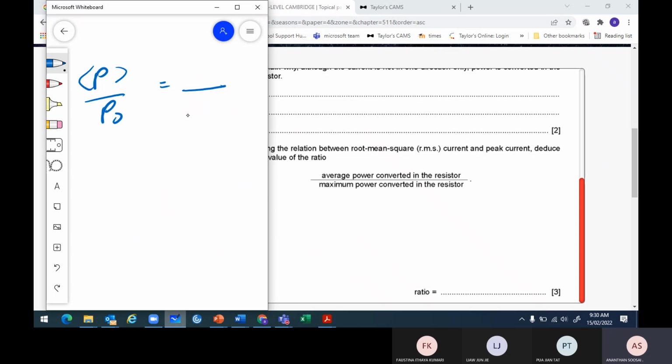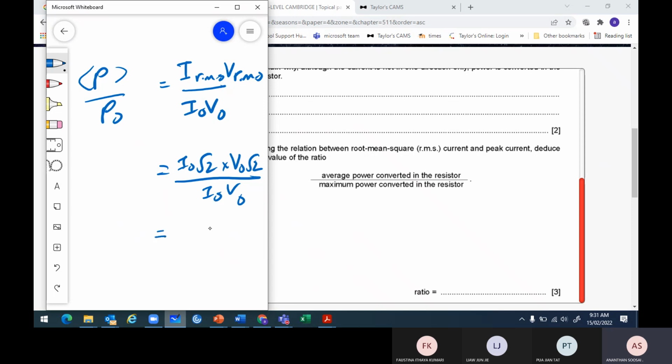I naught, V naught, the peak current and peak voltage. For the average power, you put I RMS, V RMS. Now you convert to one type: maybe change I naught, V naught to RMS, or change the RMS value to peak. I RMS in terms of peak is I naught over root 2, and V RMS is V naught over root 2.